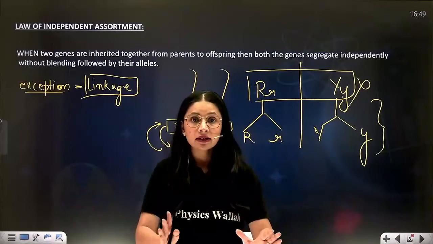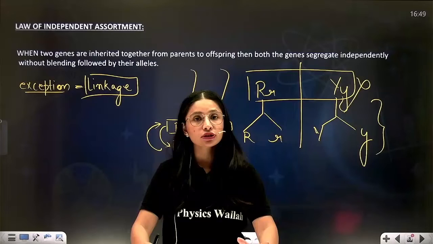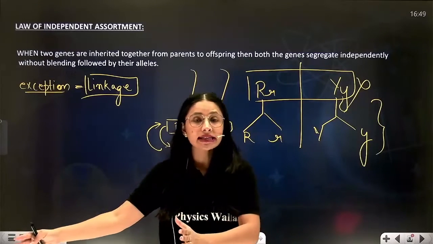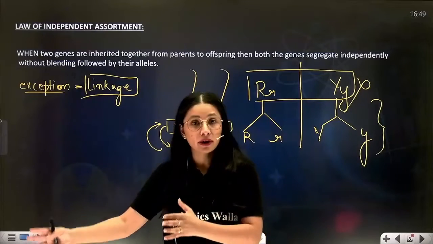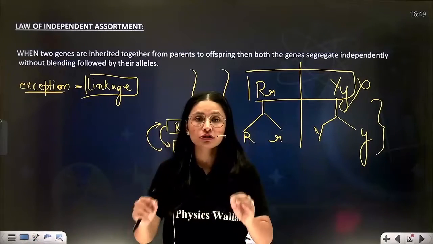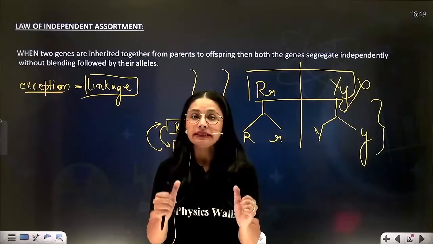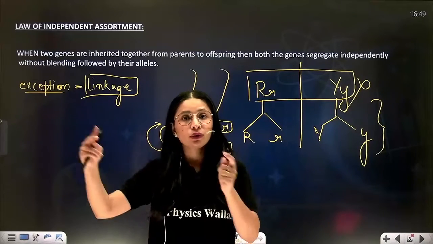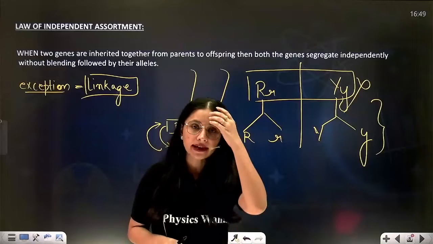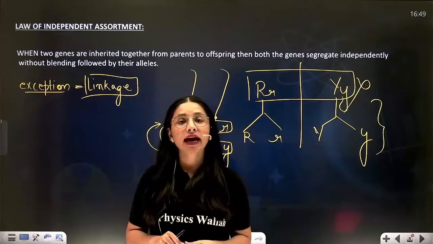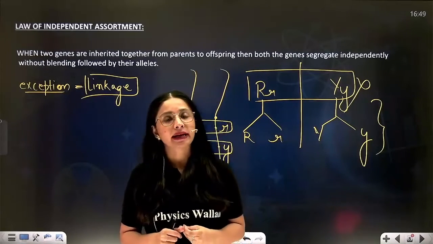But genes located on homologous chromosomes do not segregate out independently during gamete formation, and this is known as linkage. Details I will teach you when we come to the linkage portion. For the time being, just try to understand what the law of independent assortment is.